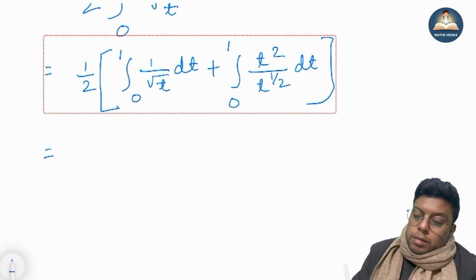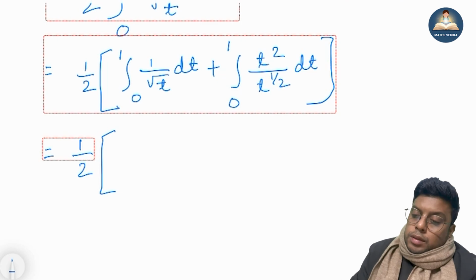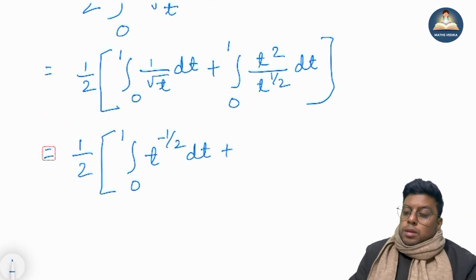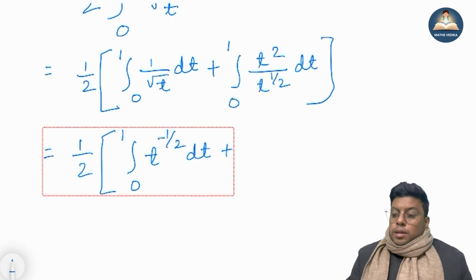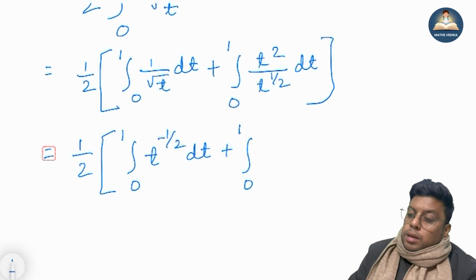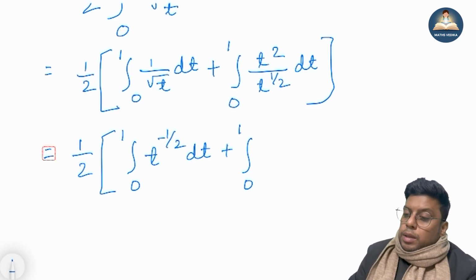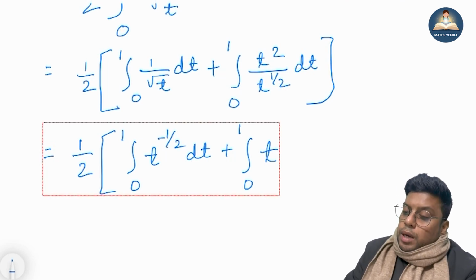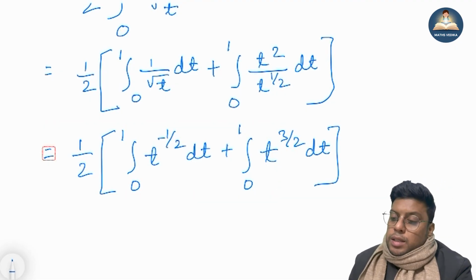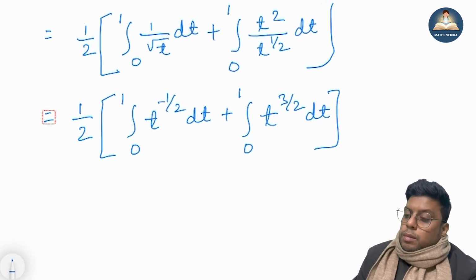Now this will be written as 1 by 2, integration from 0 to 1, t to the power minus 1 by 2 dt, plus integration from 0 to 1, t square divided by t to the power half, finally it will be t to the power 3 by 2 dt. 2 minus half will be equal to 3 by 2.